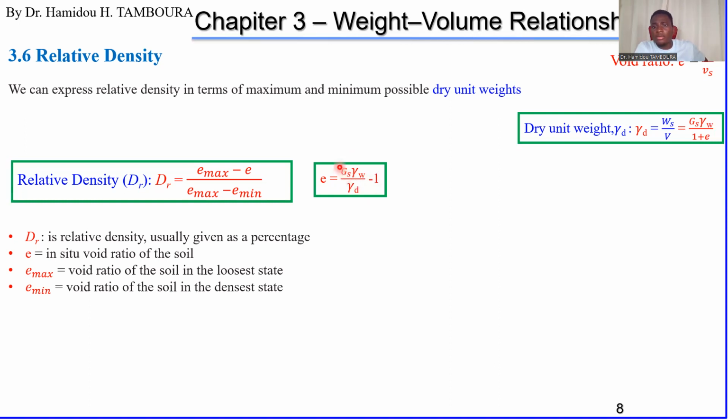How do you obtain the unit weight of water? That is universal, 9.81, everywhere you go. The dry unit weight you can get in your lab. You just need to weigh the soil and find its volume.